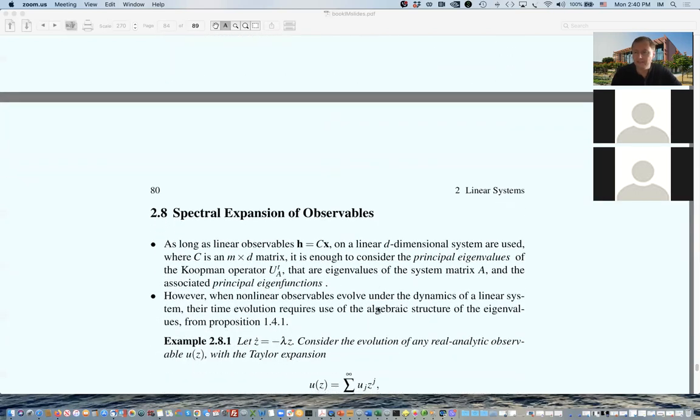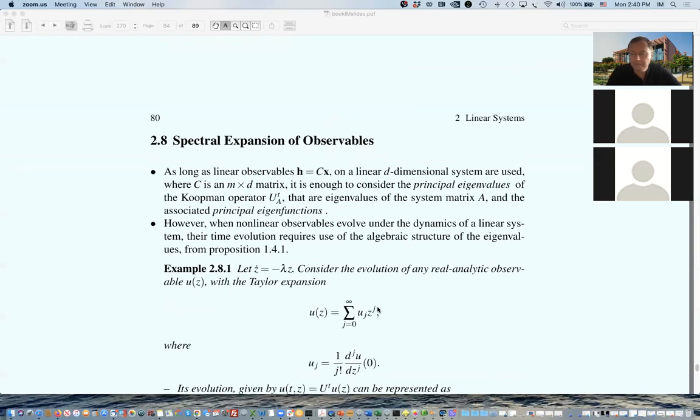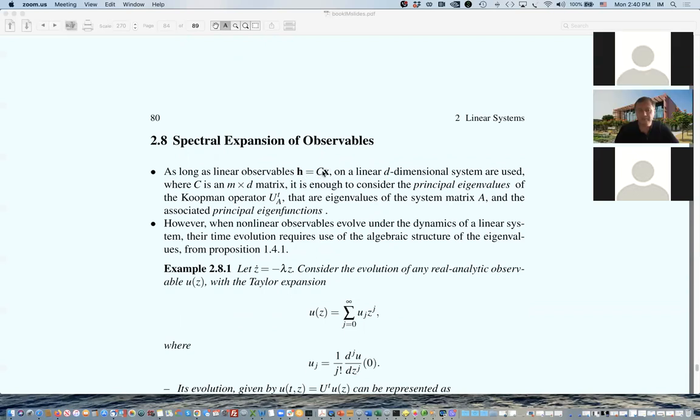But there is a nonlinear aspect in the case of linear systems as well, and that nonlinear aspect is the issue of observations. So while your state x might be satisfying a linear equation, the observation itself does not need to. So if you remember, we had this situation where h, the vector of observables, was just some matrix C multiplying a state vector x.